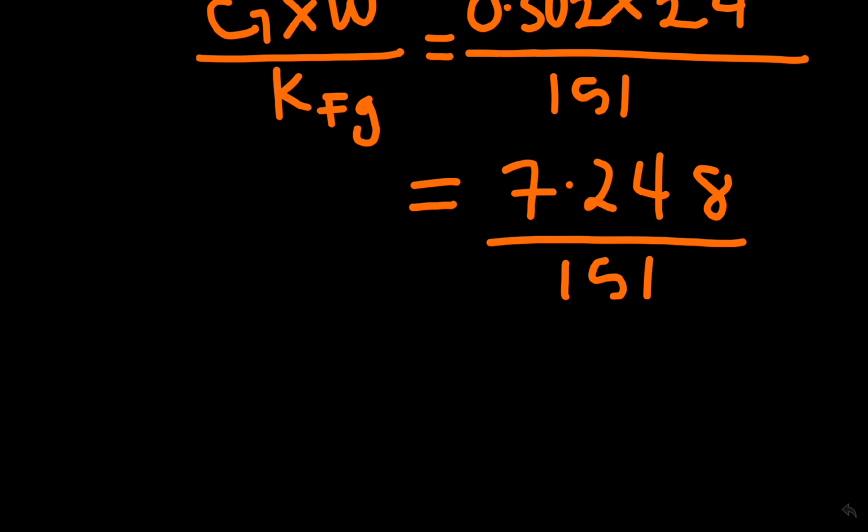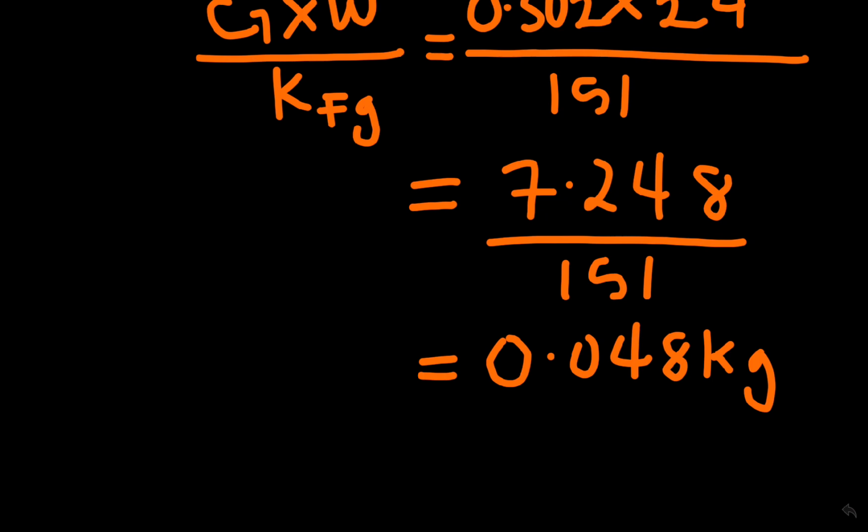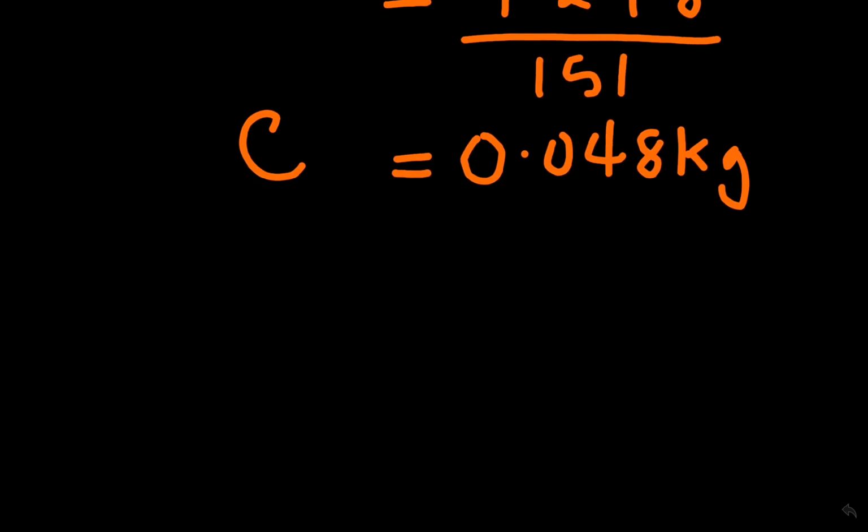The final answer here would be 0.048. So we have 0.048 kilogram. Do not forget, this is of carbon. So carbon is actually 0.048 kilogram. And lastly, the percentage of coke used as asked from the question.